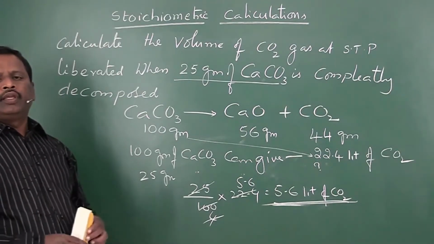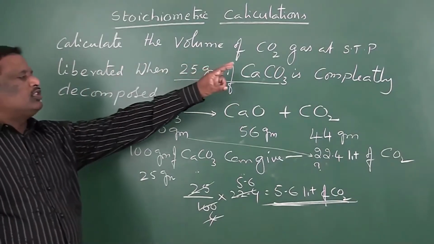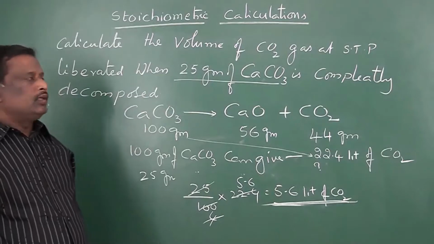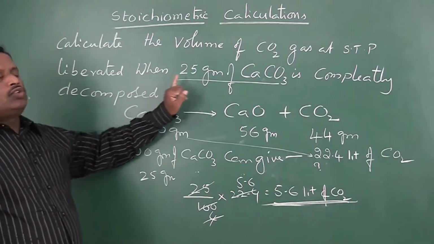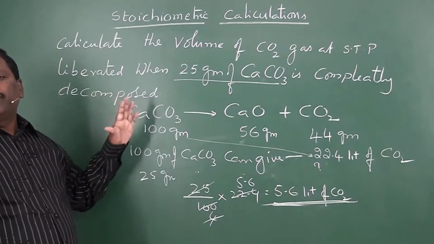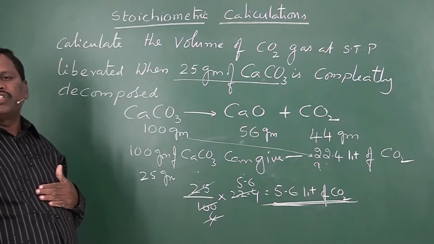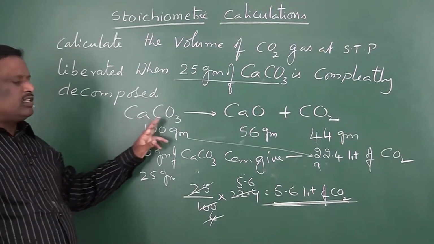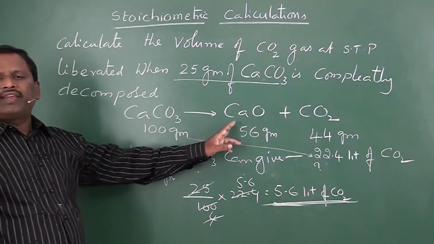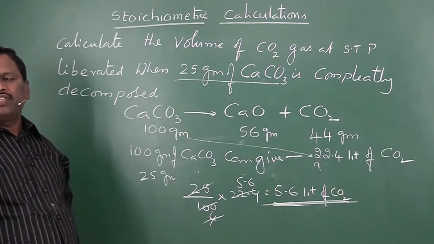Once again, here the problem is: calculate the volume of CO2 gas at STP liberated when 25 grams of calcium carbonate is completely decomposed. The equation for the decomposition of CaCO3 is CaCO3 gives CaO plus CO2.